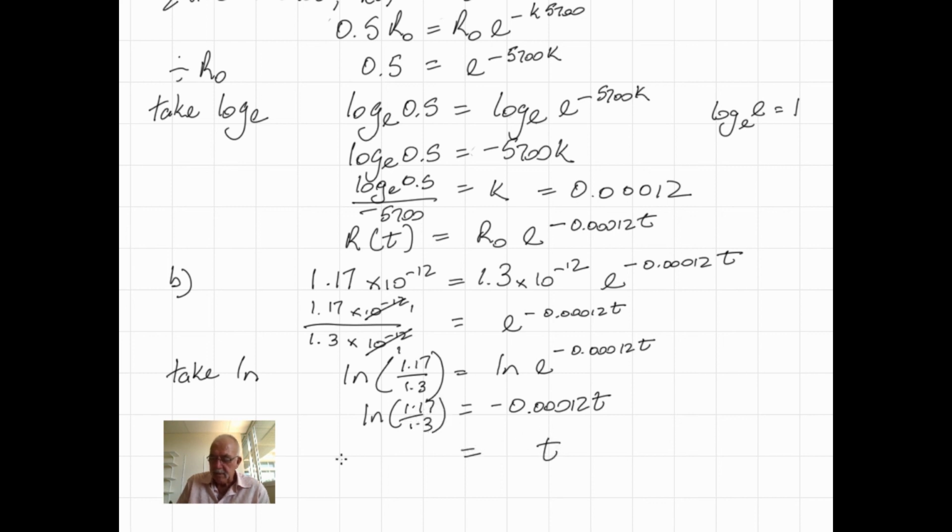T is equal to ln of 1.17 over 1.3 all over negative 0.00012. Putting that in your calculator and working through very carefully using brackets, you may have to put a bracket around the whole lot when you put that in your calculator, and then divide by that, we'll get 878 years.